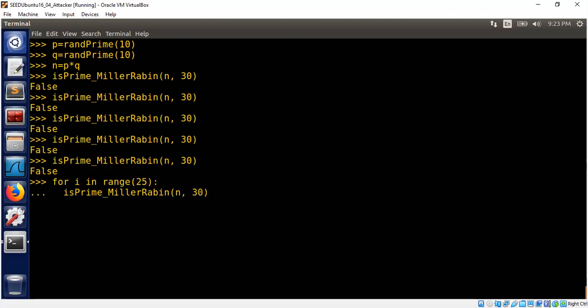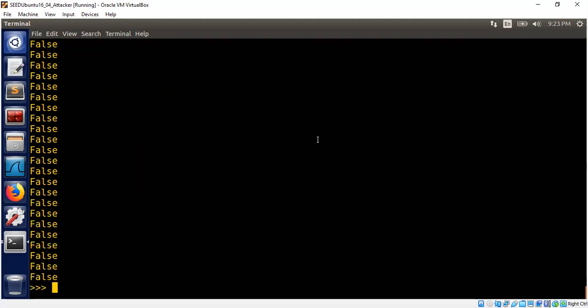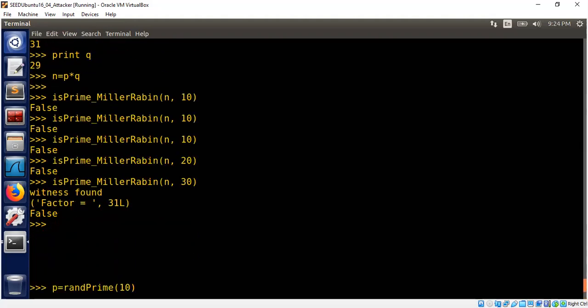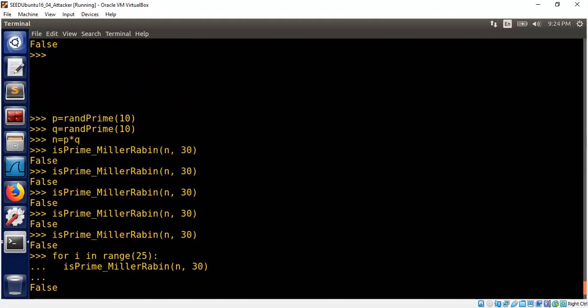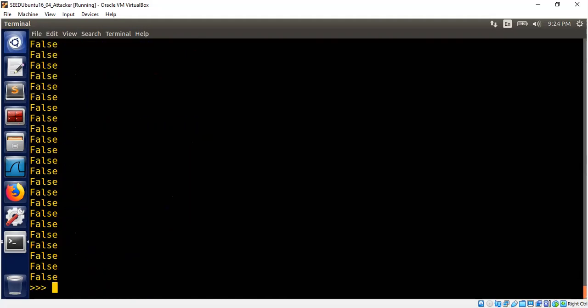Okay, 30 denotes the number of trials, the t. If you have watched the Miller-Rabin algorithm video, I explained the idea. So in all the trials, it's printing that the number n is not a prime number, but as far as I can see, it never printed the prime factors.